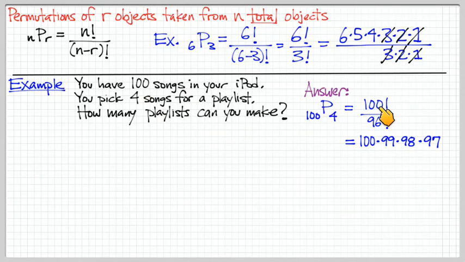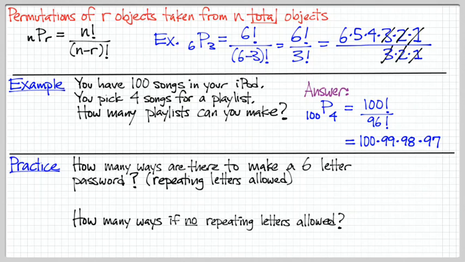So in this case, we have 100 factorial over 96 factorial. And this is equal to 100 times 99 times 98 times 97. So here's a couple practice problems you can try out on your own. This will use a variety of techniques that we talked about earlier.